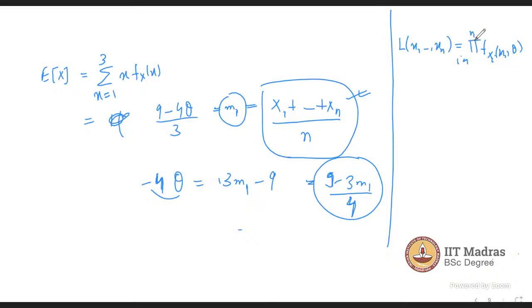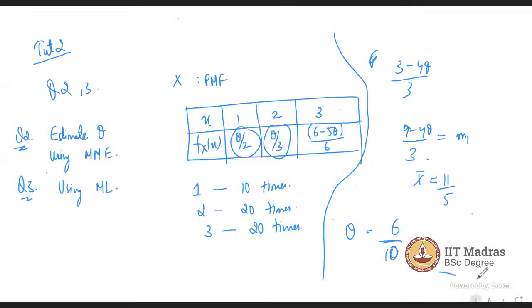Now, if you go back here, for 1 it is theta by 2, for 2 it is theta by 3, and for 3 it is (6 minus 5 theta) by 6.